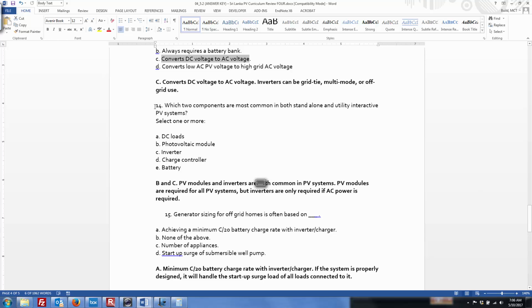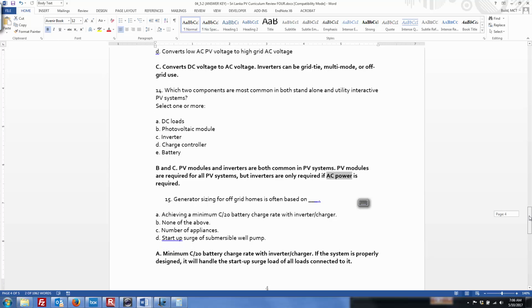All right, so question 14. Which two types of components are most common in standalone and utility? Well, you always have to have the PV modules, and typically you're going to have an inverter. Rarely will you have a system that is just DC. This is always to get you to AC power, alternating current power, motors, fans, things like that.